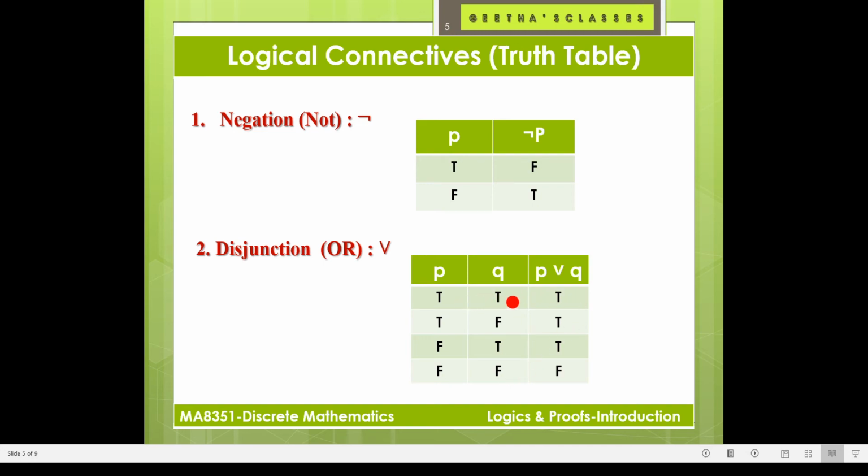For disjunction, if both the conditions are false, the answer is false. For all the remaining, it is true. If one condition is true, the answer is true. That is OR, right?